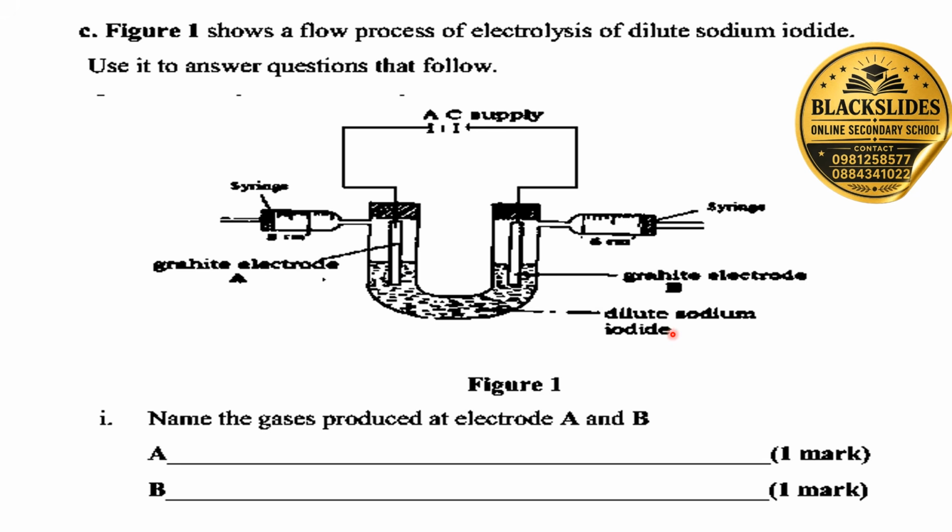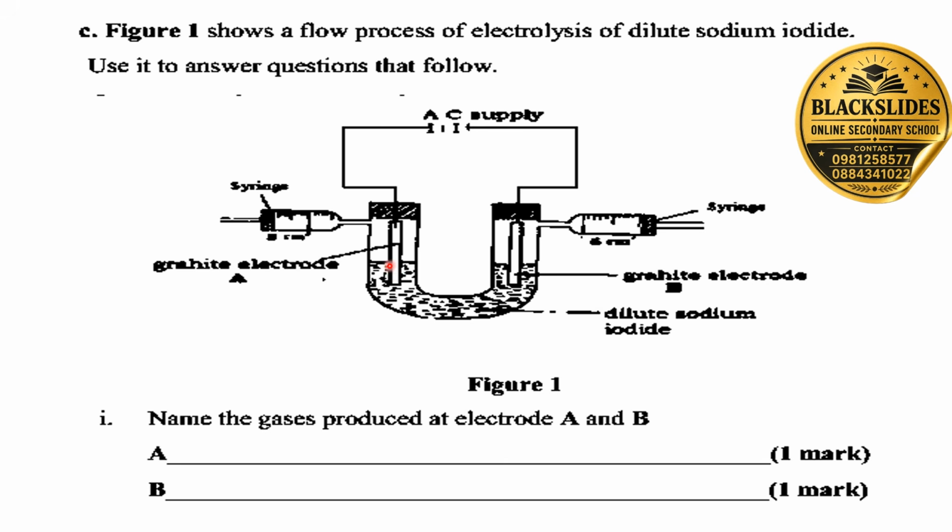So in this case, the negative ions that will be present are iodide ions. And the positive ions that will be available here will be hydrogen ions and the sodium ions. Of course, because it's a dilute solution, it means there are also hydroxide ions.